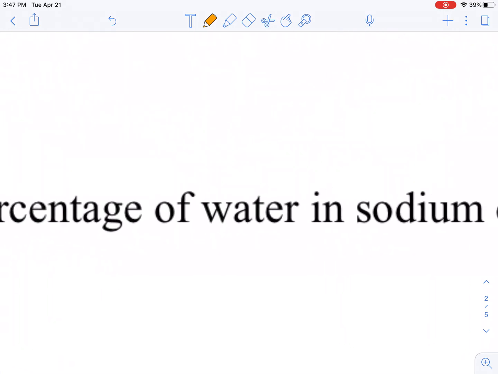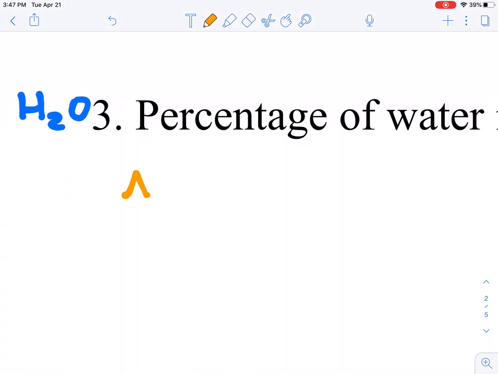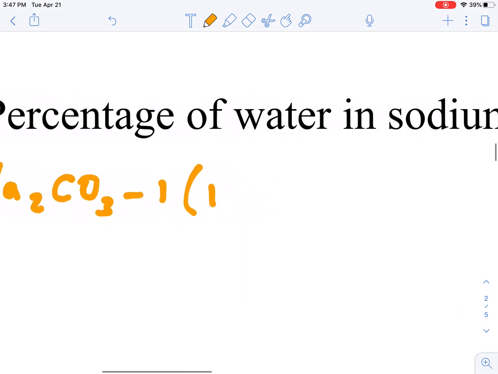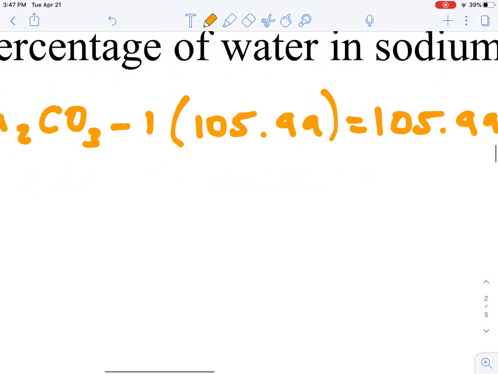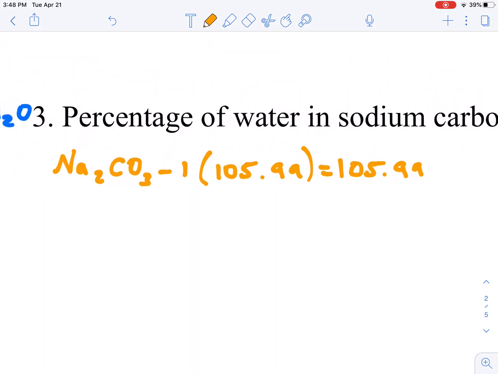So sodium carbonate, Na2CO3, we have one of those. It weighs in at 105.99. So we're going to have a mass of 105.99 coming from our sodium carbonate.